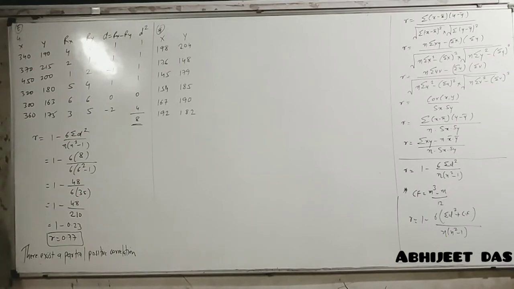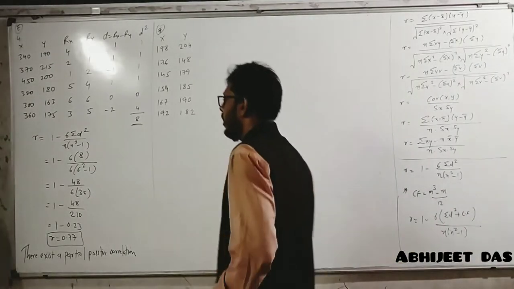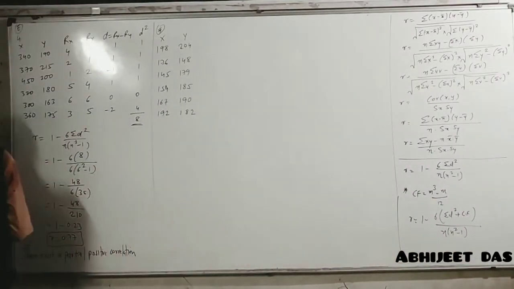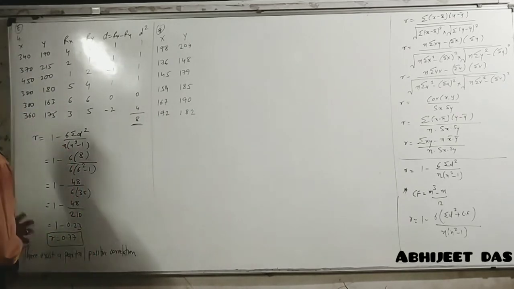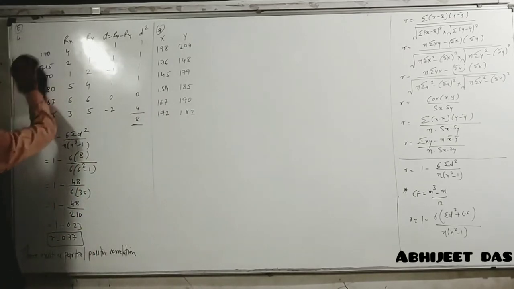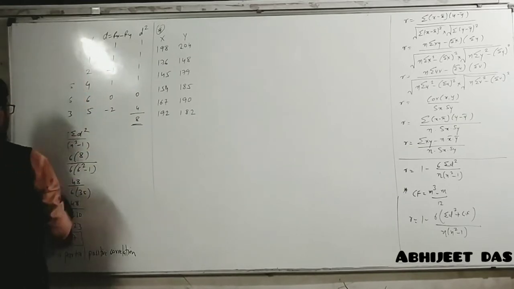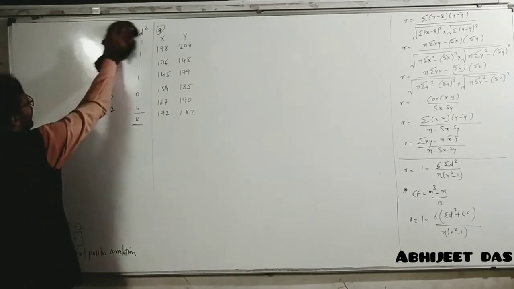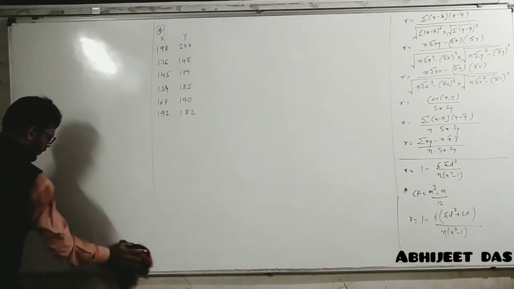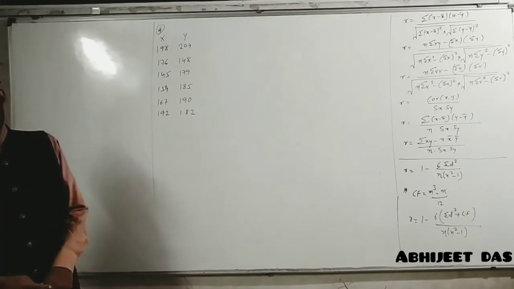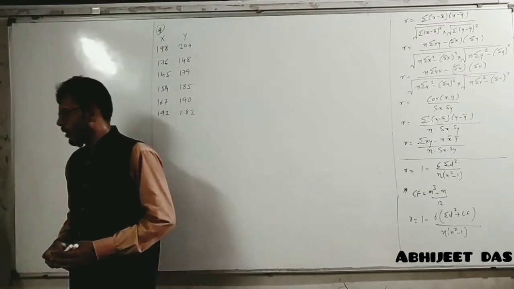Allocate the ranks to the variables and then apply the same formula and find the result. You keep on solving it. Okay, time's up. Hope you have got the answer.